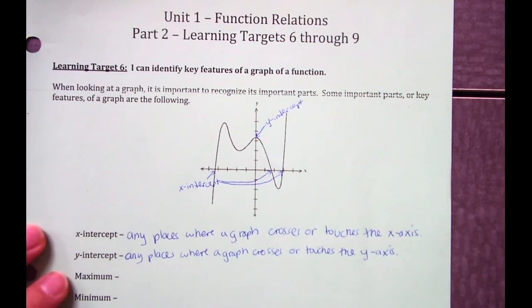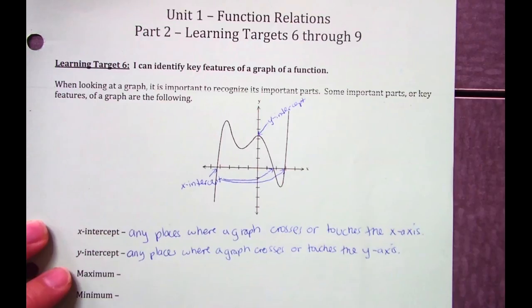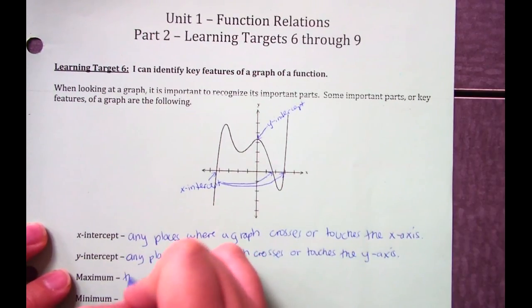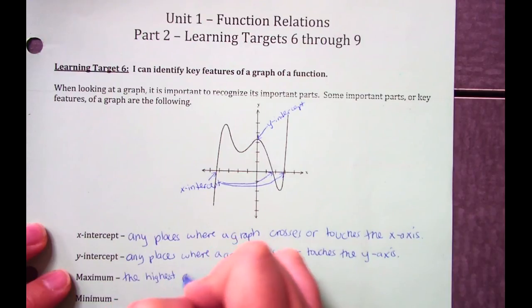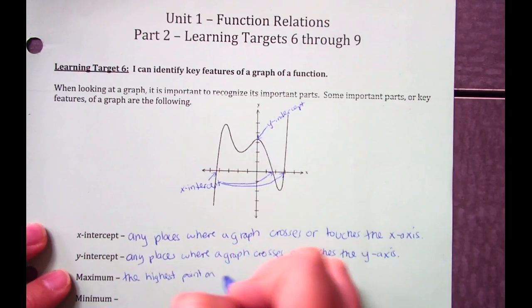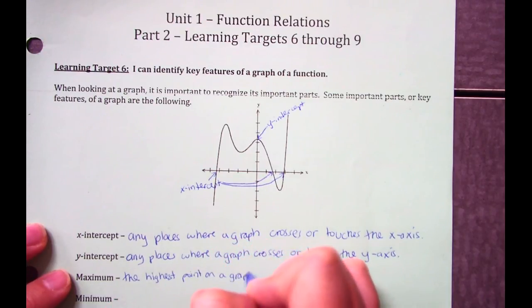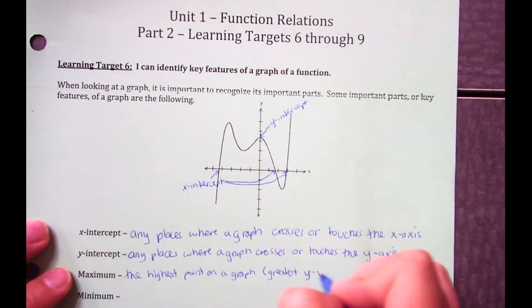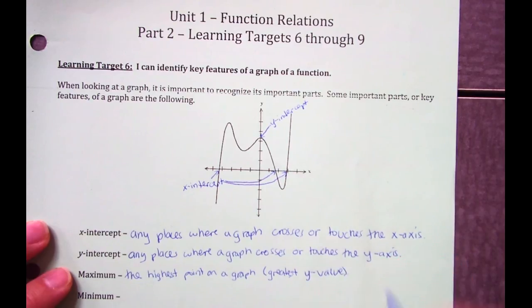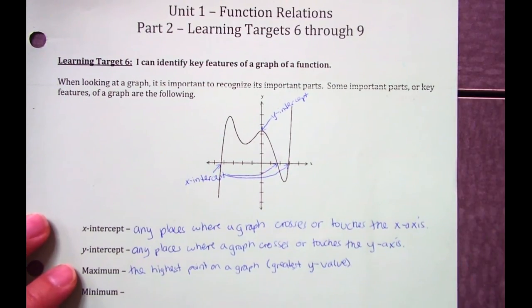The maximum point on a graph is the highest point on a graph. So the highest point on a graph, we'll say the greatest y value. Now often graphs don't actually have a maximum.